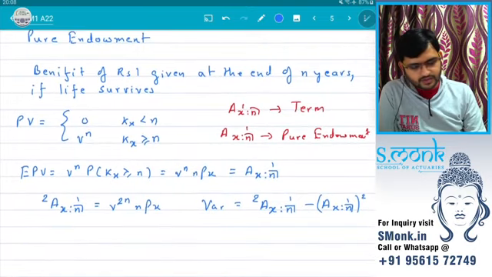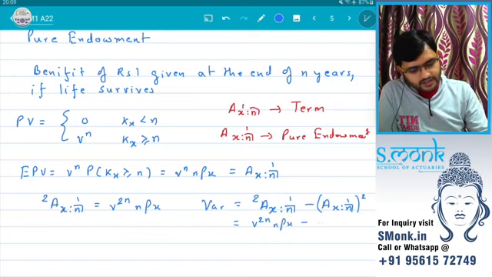You can easily solve this. You will be saying here you have v raised to 2n npx minus here this squared, so this will be v raised to 2n npx square.